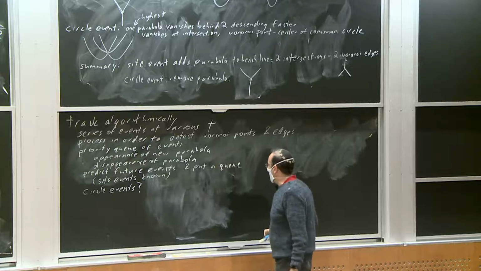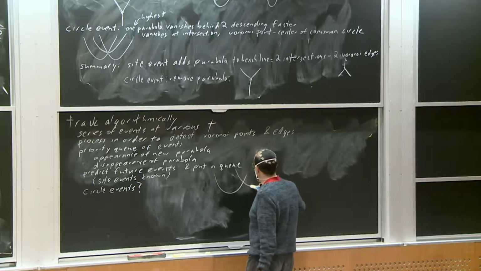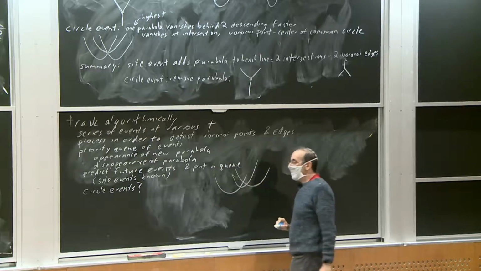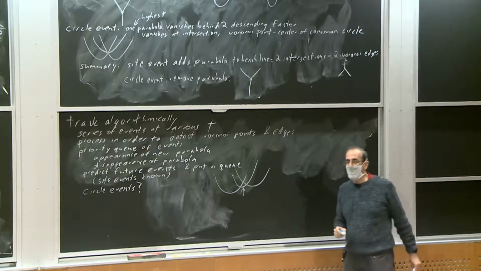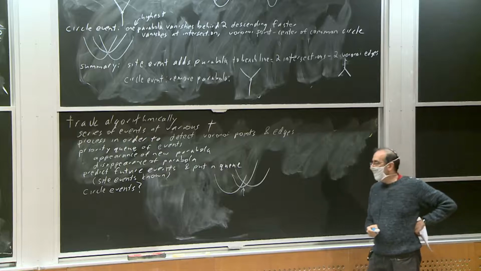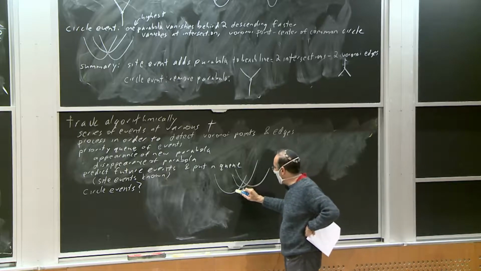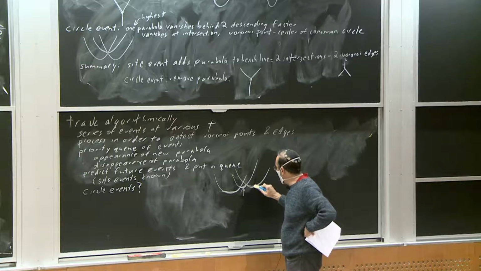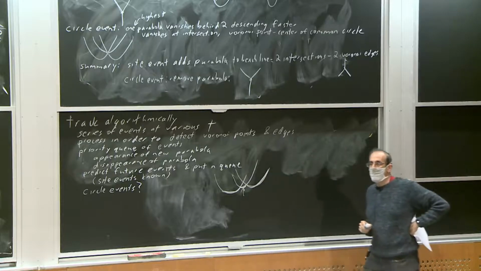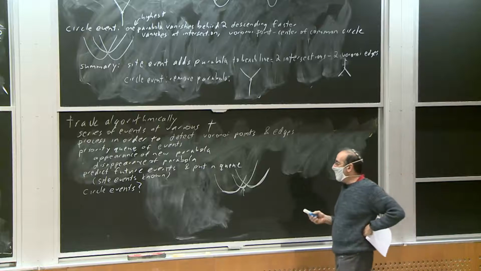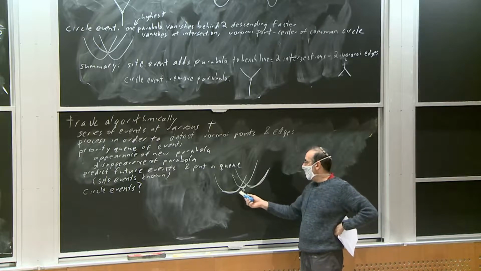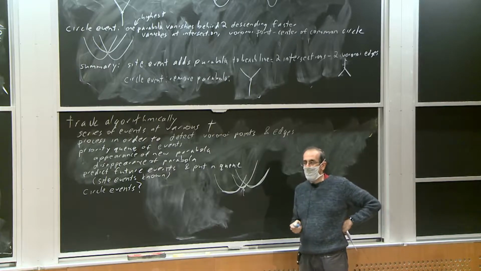So when does a circle event happen? It happens when we have a situation like this and the middle parabola falls behind, right? Now you'll notice that what this means is we have 3 adjacent pieces of the beach line, and the middle piece is disappearing. Which tells me that the only circle events involve neighbors on the beach line.